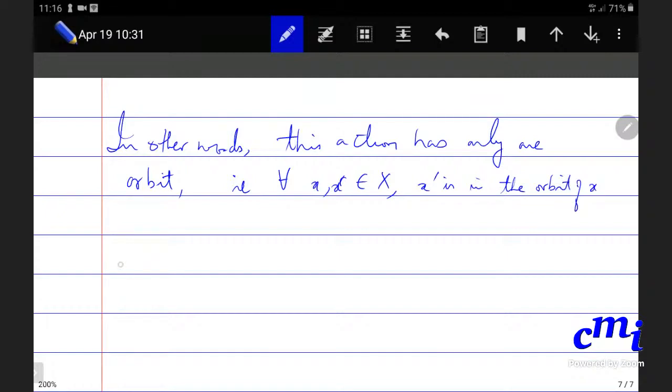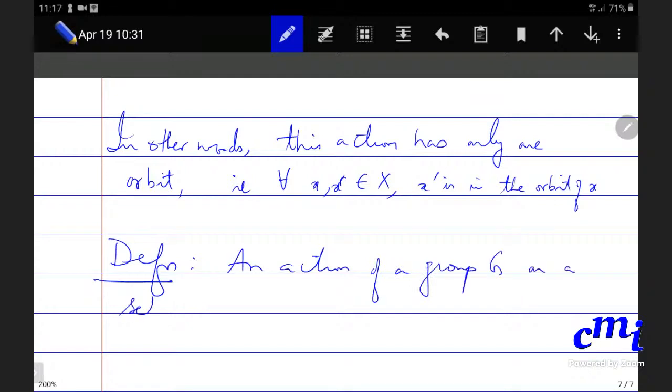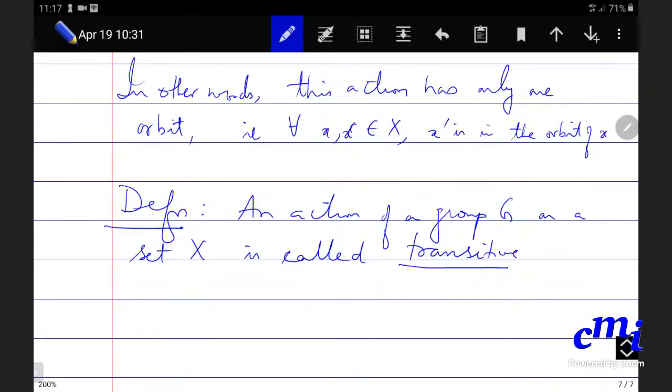This is what we have. Definition. Let G act on X. An action of a group G on a set X is called transitive if the above thing happens, if for all x and x prime inside X, there exists a g such that gx is equal to x prime.